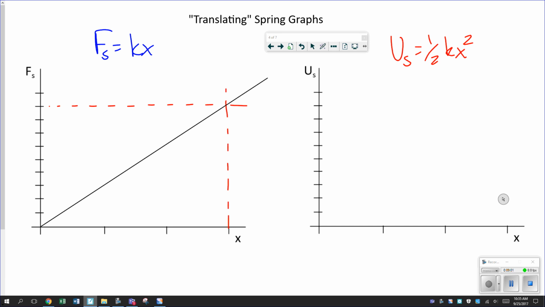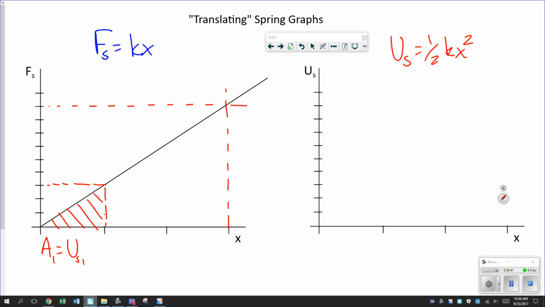Now, what I'm going to say is, well, remember, if we look at the area of this triangle, when the spring is displaced this much, it responds by applying that much force, and this area, I'll call this area 1, is, I don't know, U spring 1, a certain amount of spring energy.